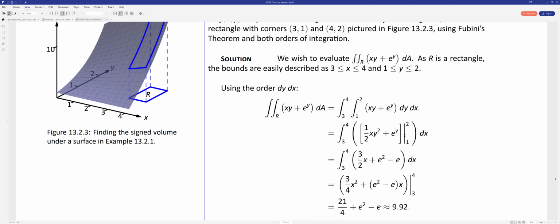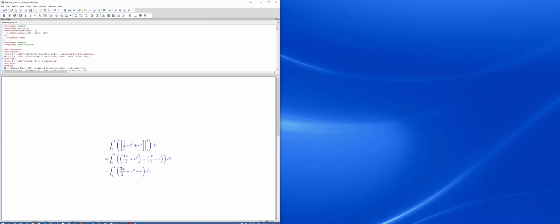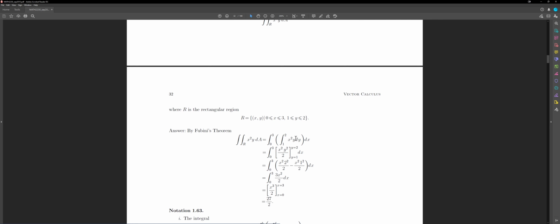The notation here is not very good, because it's not clear what you substitute in here. They have the 1 and 2 over here, and I suppose it's understood that you're putting in y equal to 1 and y equal to 2. Compared to what I did in my notes, when I worked out this first integral, I specified that I'm putting in y equal to 1 and y equal to 2.